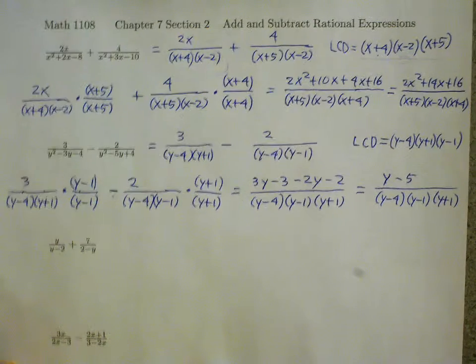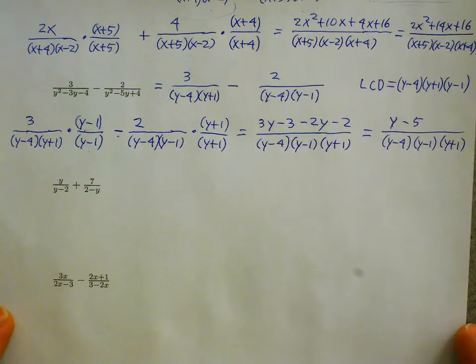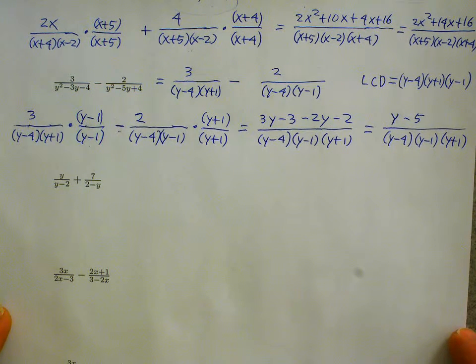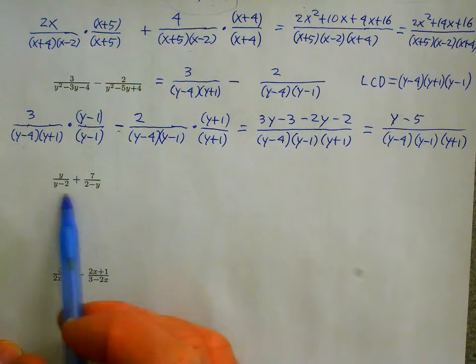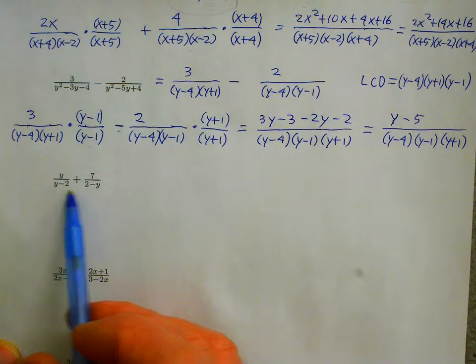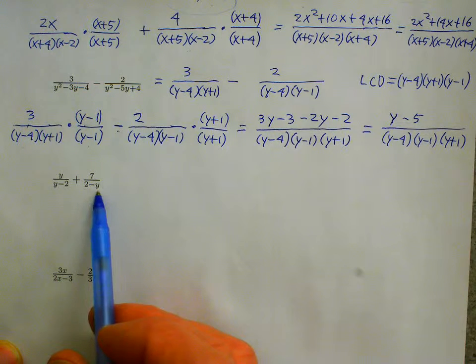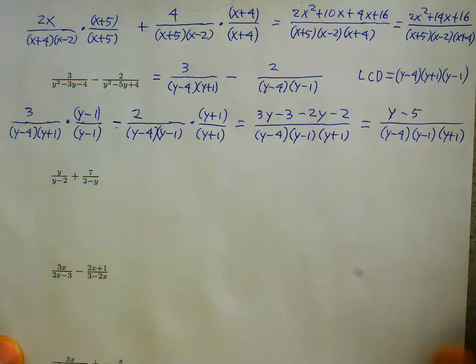Okay, the next one is easier than it might look. So on this one, note that this denominator, 2 minus y, is the negative of y minus 2, and vice versa.